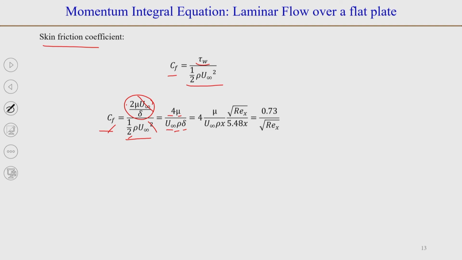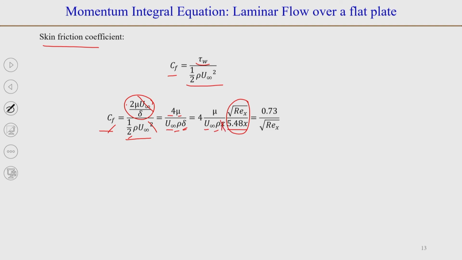We can rearrange this a bit, and so we can write that delta is 5.48 x divided by root Re x. So, that is our 1 over delta, and this multiplied by mu into u infinity into rho, and this x probably is extra here.